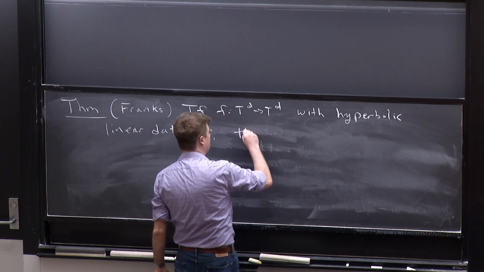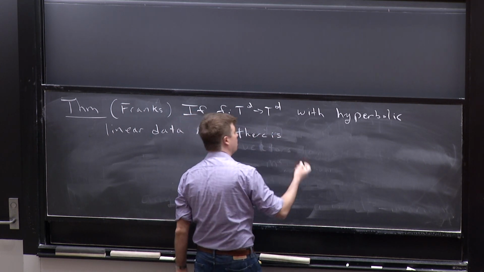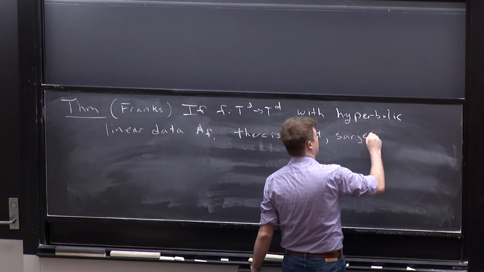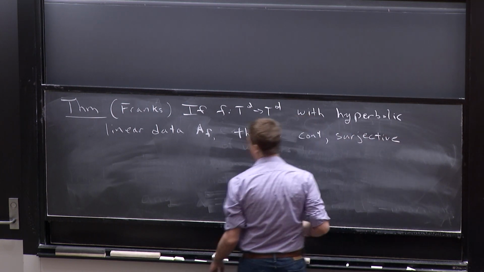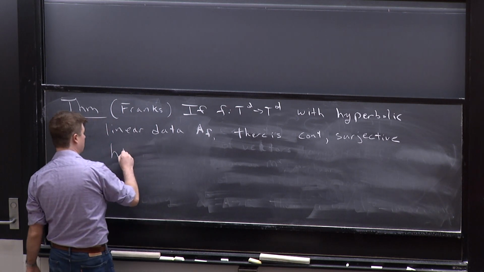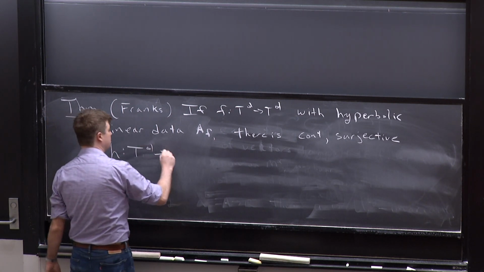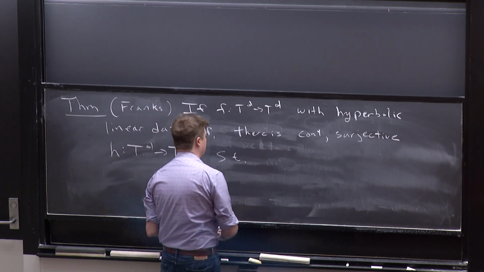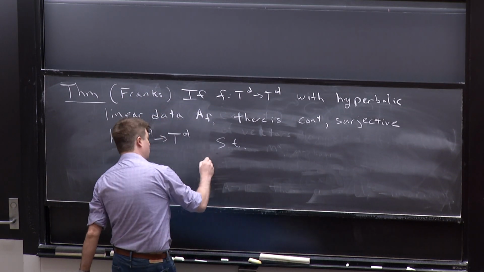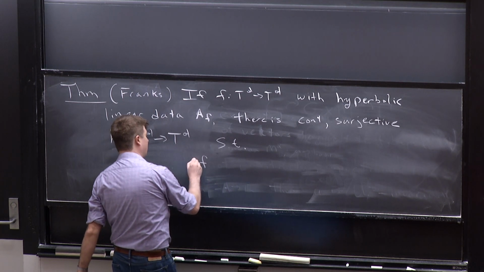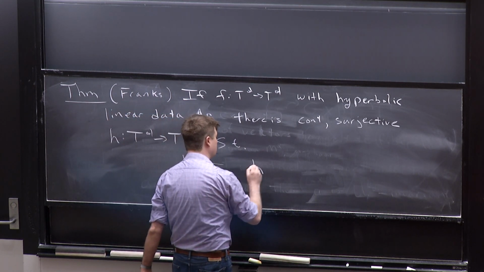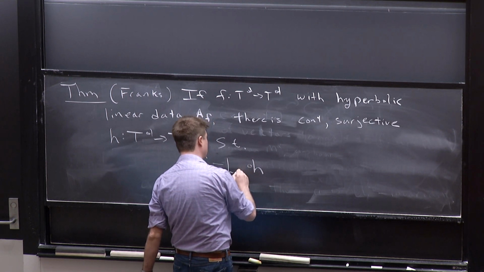So then there is a continuous surjective map H from the torus to itself such that if you apply f and then post-compose with H, that's the same as first precomposing with H and then applying this linear map.